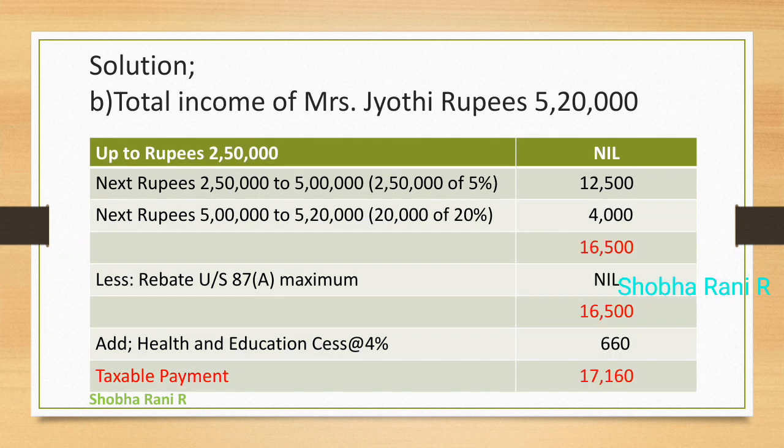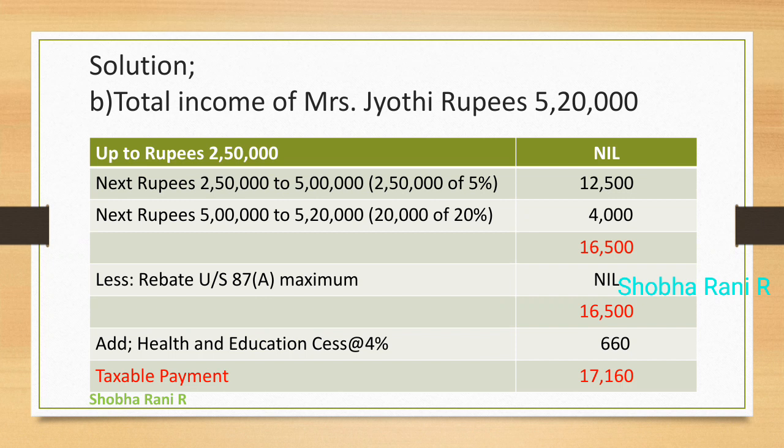Whereas in the second situation, Mrs. Jyoti's total income is given as 5,20,000. As per the income tax rate for any individual who is born on or after April 1st, 1959, up to a net income of rupees 2,50,000, the income tax rate will be nil.